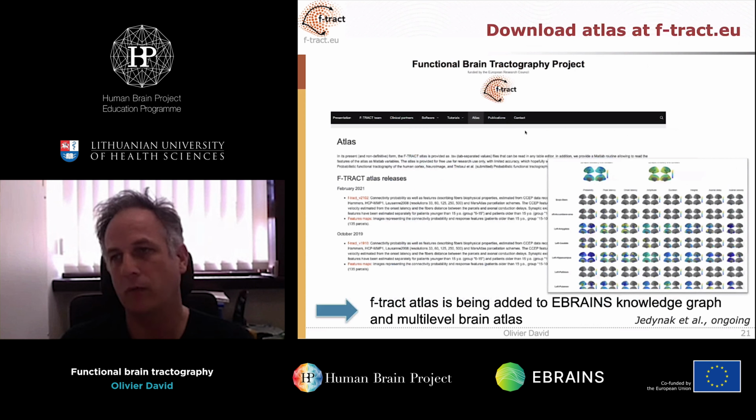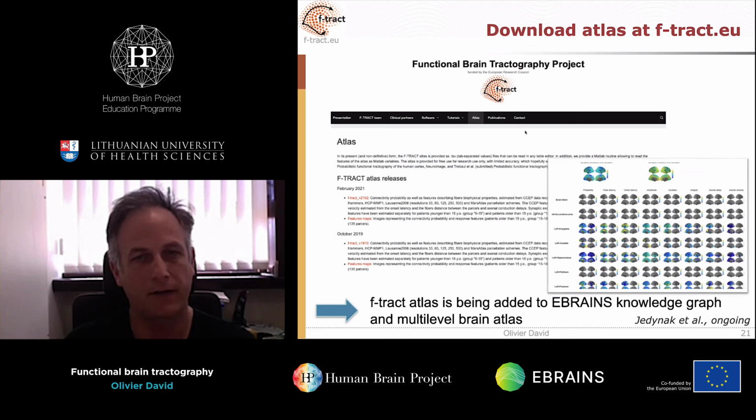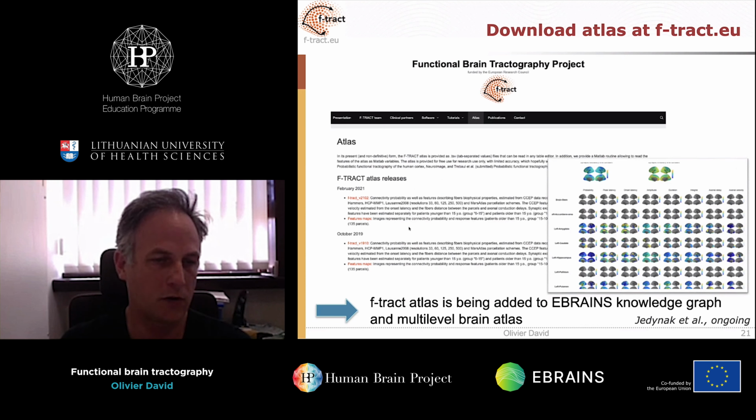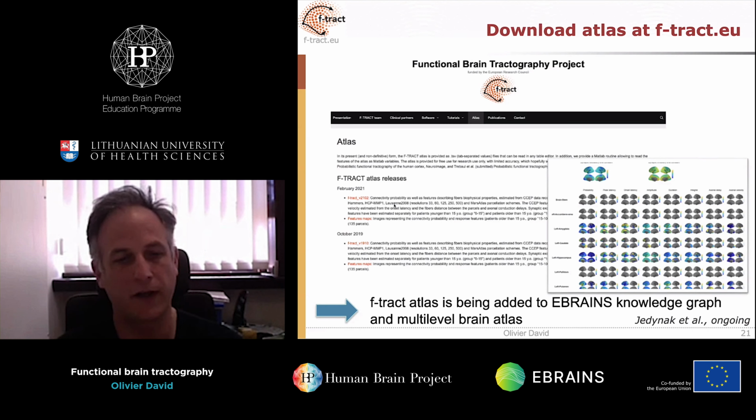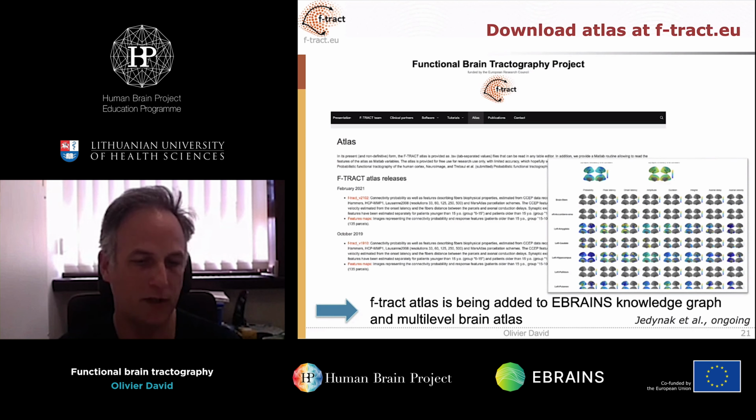So we publish this kind of atlas nowadays on the EBRAINS website, eftract.eu, from which we can download those maps for multiple parcellation schemes. In February, we published a version with 648 patients who were stimulated.